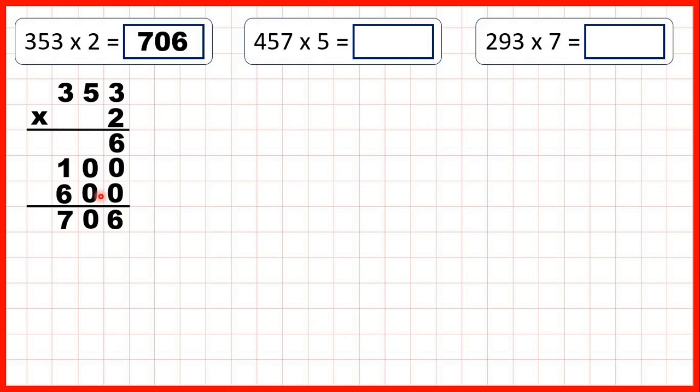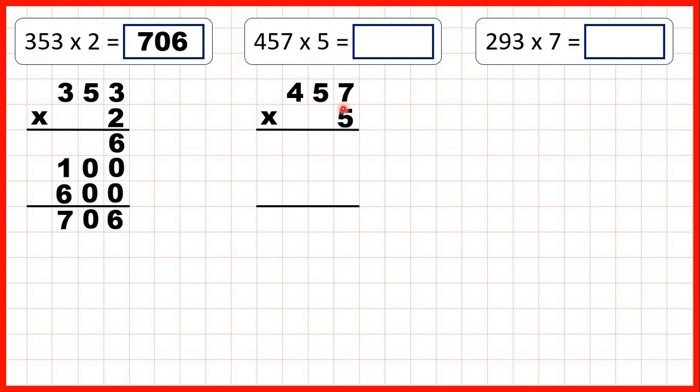And here, for our third answer line, we could write zeros in our tens and ones, because this 3 is in our hundreds, so stands for 300, and 300 times 2 is 600. But because we'd already written zeros in our tens and ones, we just had to do 3 times 2 to get 6.